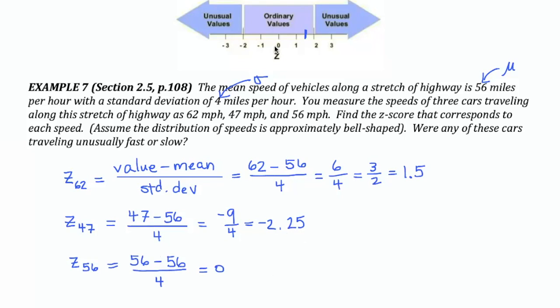And when we look where -2.25 is on this number line, -2 is here, and it would be just to the left of that. So this one is an unusual speed, and it's unusually slow because it's below average. So this one was unusually slow.